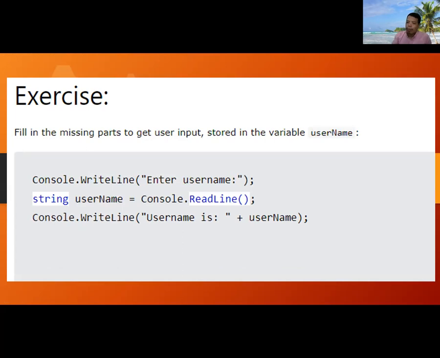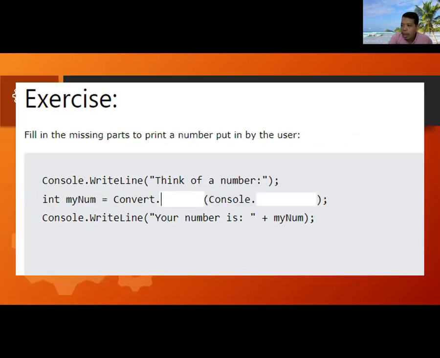Another exercise: fill in the missing parts to print the number put in by the user. Console.WriteLine "Think of a number". Say for example, you have int myInteger, convert that to Int32. What you are going to use here is Convert.ToInt32 with the Console.ReadLine method.